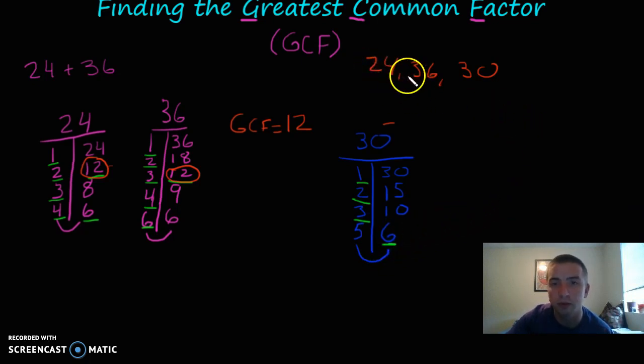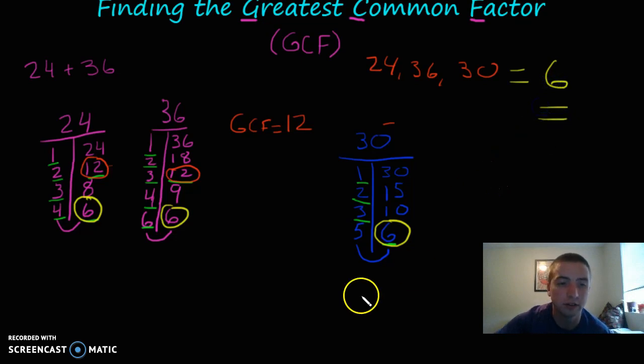So if I'm looking at 24, 36, and 30, looking at my yellow here again, 6 is now my biggest number that they have in common. So my GCF of all 3 of these is 6. Right, and that's how you find the greatest common factor.